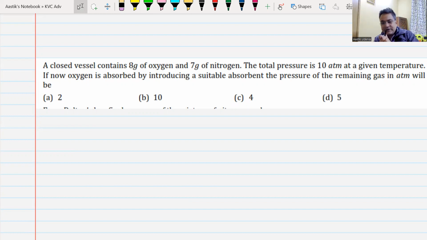Oxygen is removed by introducing a suitable absorbent. What is the pressure of the remaining gas? Which is basically the pressure of nitrogen. So basically they are asking you, the total pressure is 10. What is the pressure of nitrogen? Nothing else. Do you understand this? Yes or no?